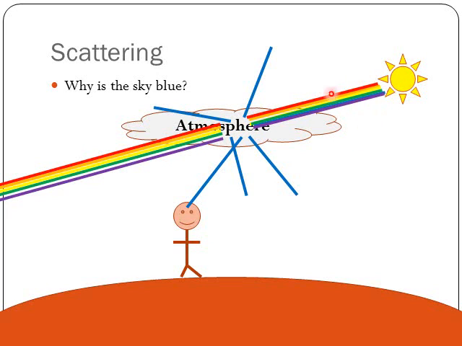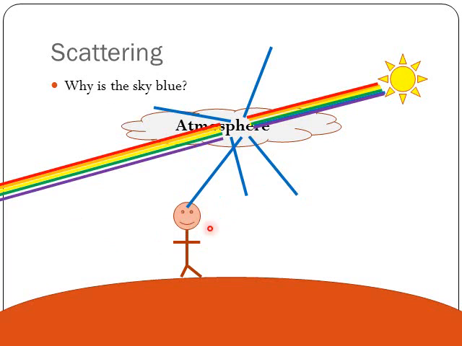So this white light, which is made up of all colors, as it passes through the atmosphere has molecules that just happen to like to scatter the color blue. And so all the lights pass right on by the atmosphere and are not affected, but blue in particular is the one that doesn't continue and is scattered in all directions.